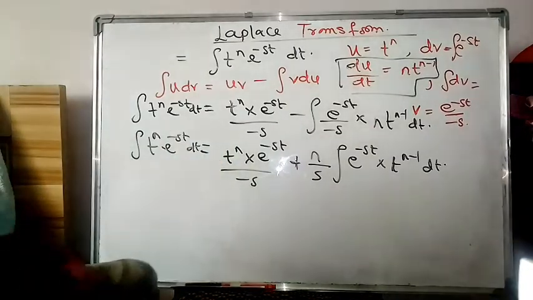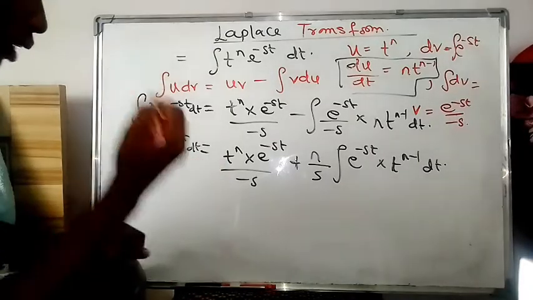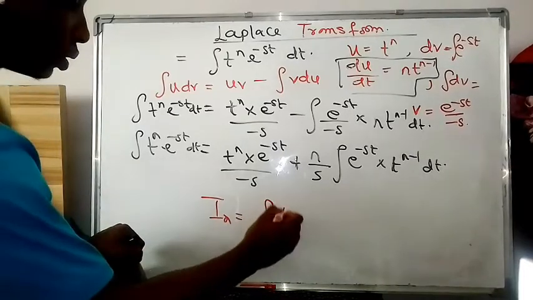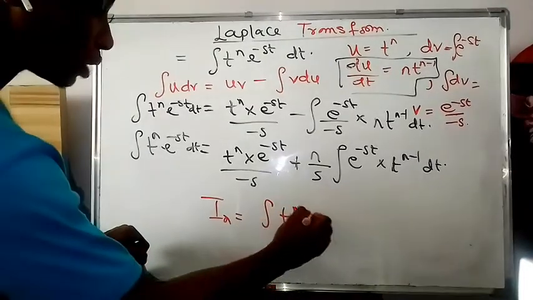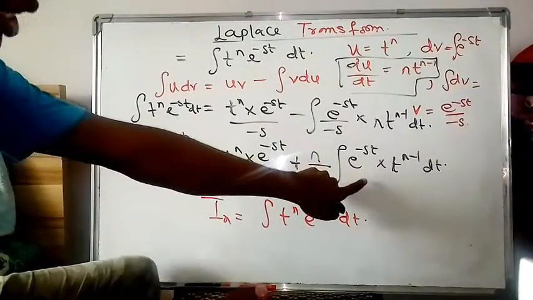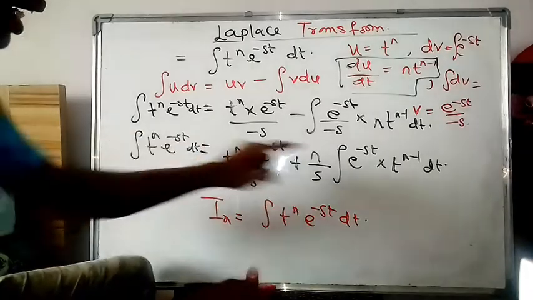So now we're going to assume the following. Assume that I subscript n is equal to the integral of t raised to the power n times exponential minus st dt. Looking at this place, we have something similar, but the difference is that this is n and this is n minus 1.